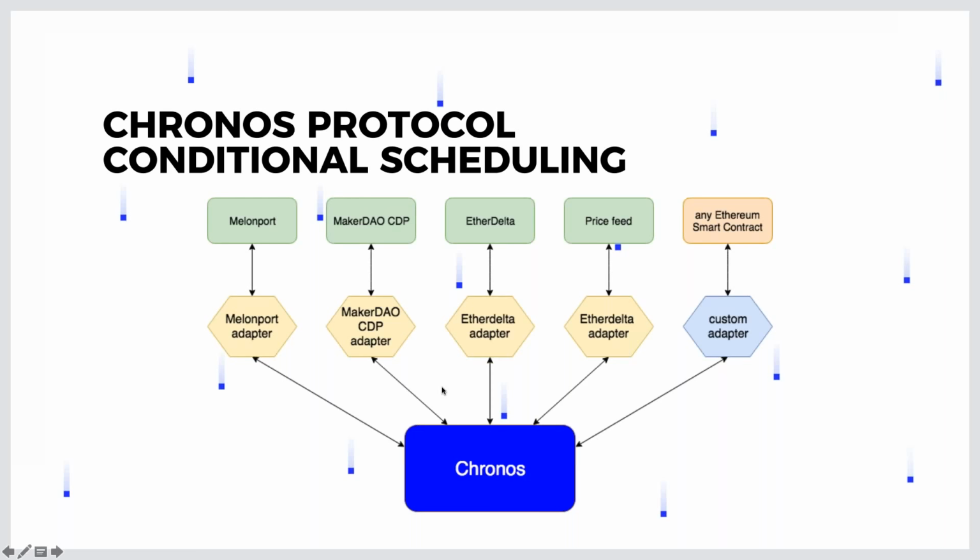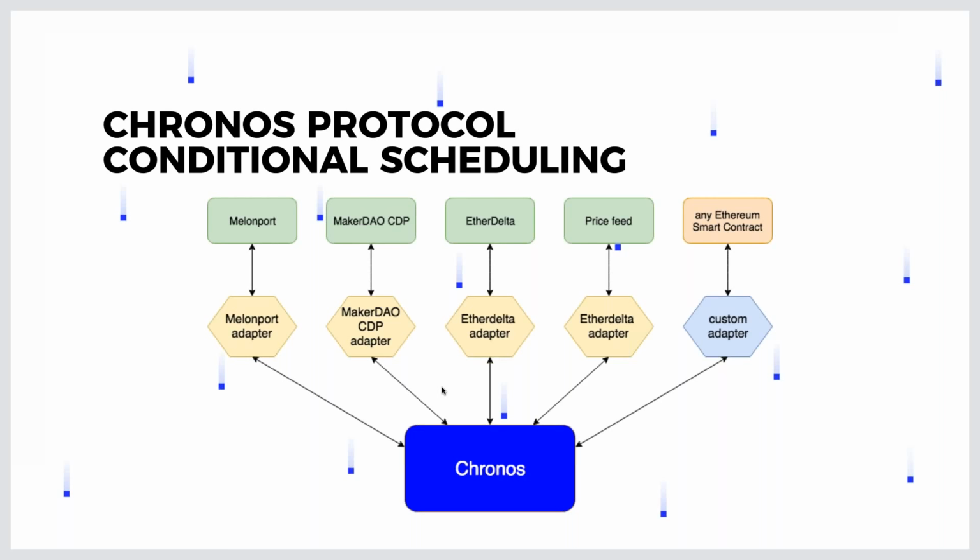It adapts Chronos and reduces whatever the Melonport smart contract returns into true or false statements. And you can put into this kind of adapter other conditions, like whether a value is within a range, greater, lower, and so on.